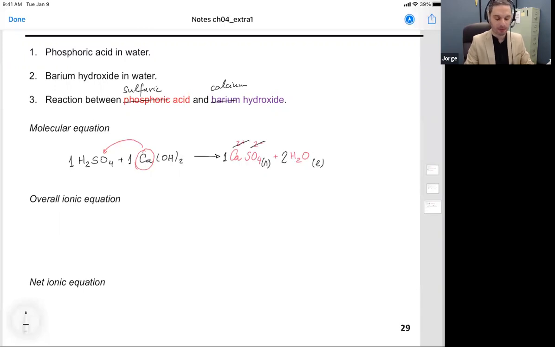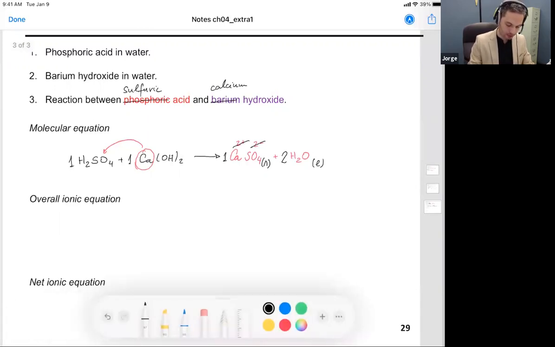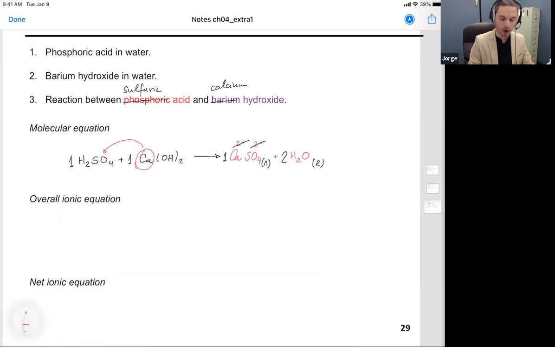If there are no questions, let's move on to the overall ionic equation. For the overall ionic equation, the trick here is to first write the reaction between sulfuric acid and water.